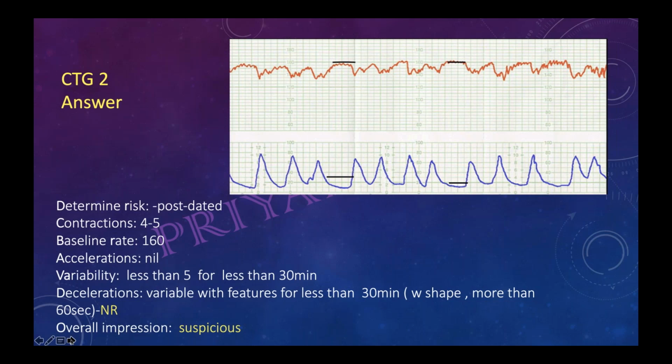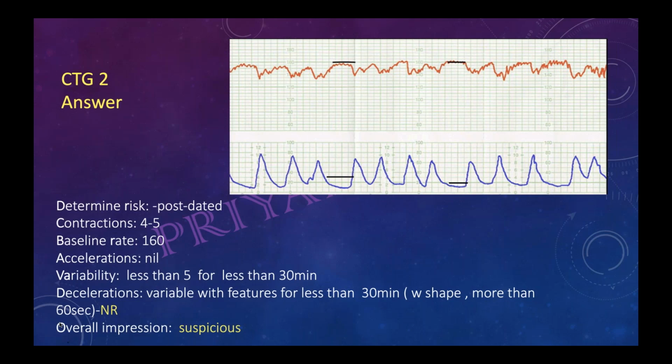For part 3, somebody's mic is on, please mute. For part 3, two types of question come. Either they will give you a CTG trace and ask you to do interpretation, so you have to interpret using C bravado. Then they will ask you management. They will give you some scenario and ask how you will manage.